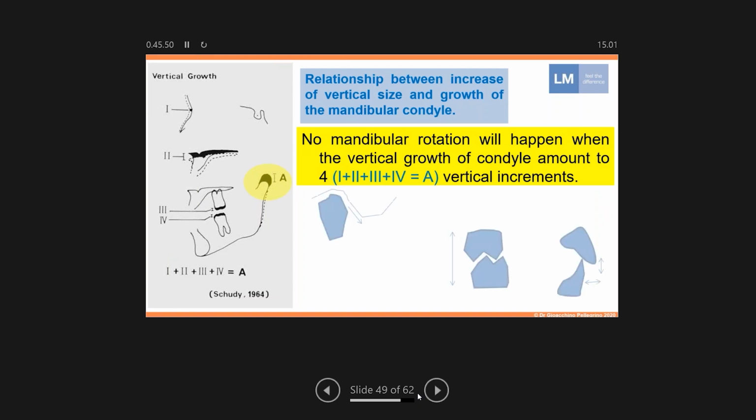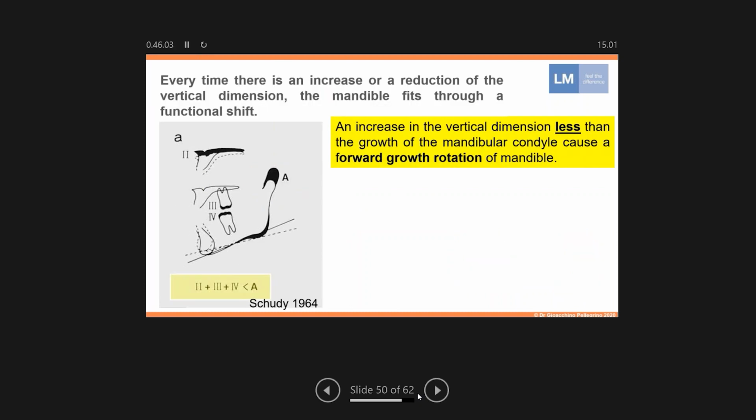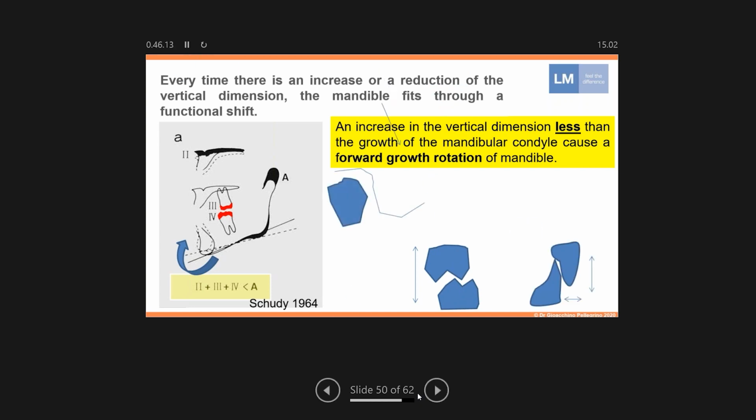So we want to obtain a balance, because a balance between anterior and posterior vertical growth means a normal phase, and a good relationship between the teeth in occlusion. And when, on the contrary, we have a reduced phase, an anti-rotation of the mandible will happen that goes in the direction of a deep bite.